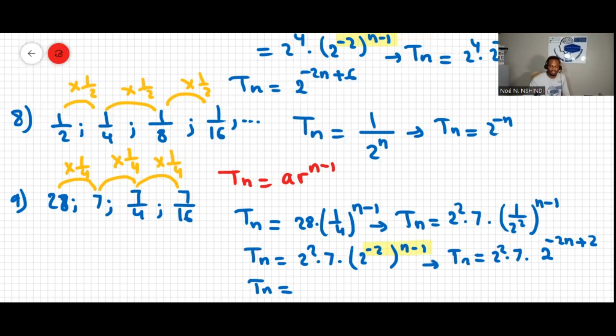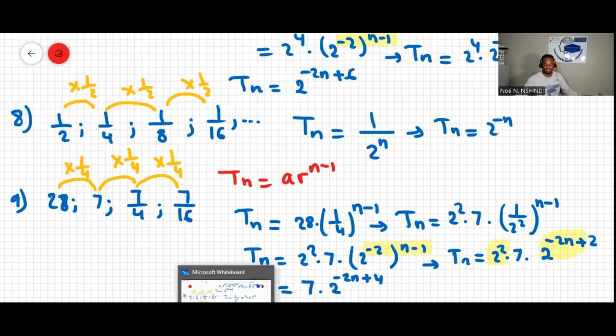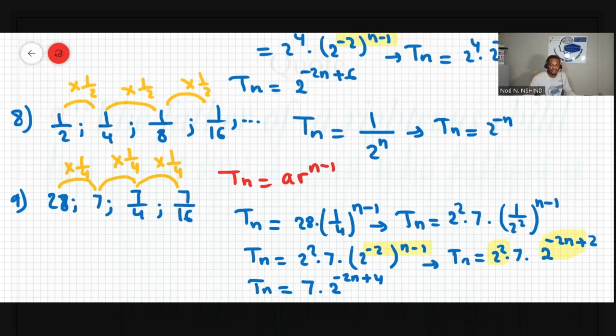So this will be just 7 multiplied by 2 to the negative 2n plus 4. This is the simplest form, and then we can substitute 10 for n to find the value. Okay, thank you.